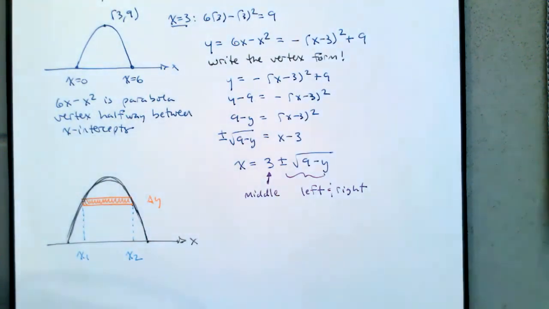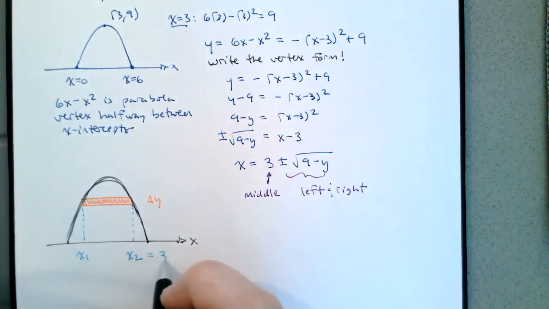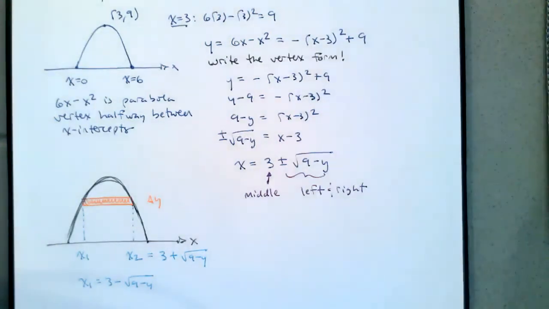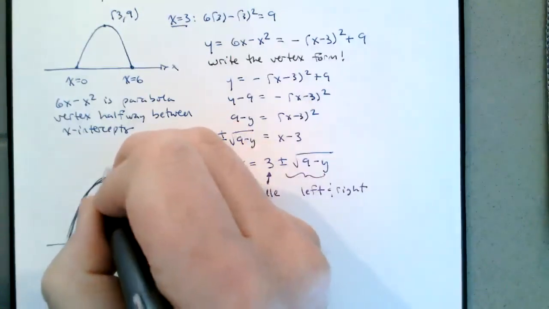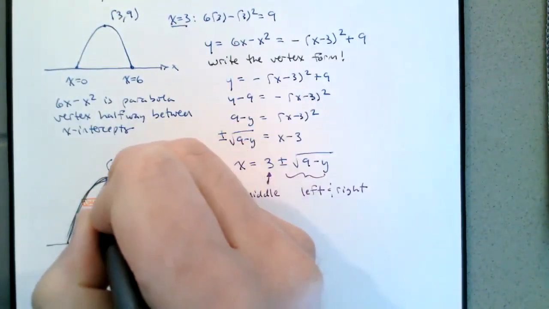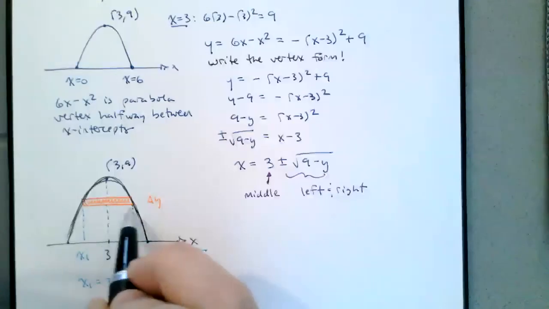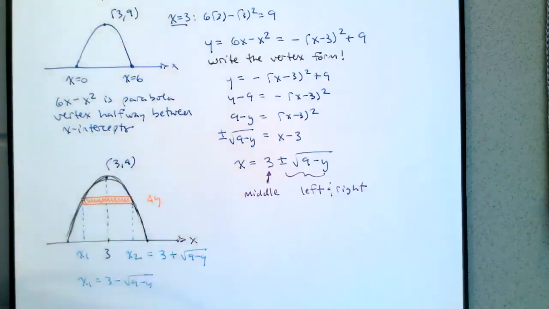And so it looks like x2 is going to be 3 plus the square root of 9 minus y, and x1 will be 3 minus the square root of 9 minus y, because x2 is bigger than 3 and x1 is less than 3. And the vertex 3, 9 is in the middle. So here we have in the middle 3, and then we have plus the square root of 9 minus y and minus the square root of 9 minus y.